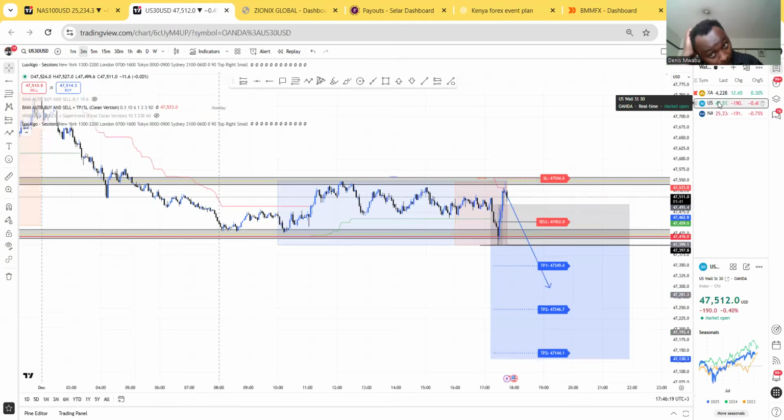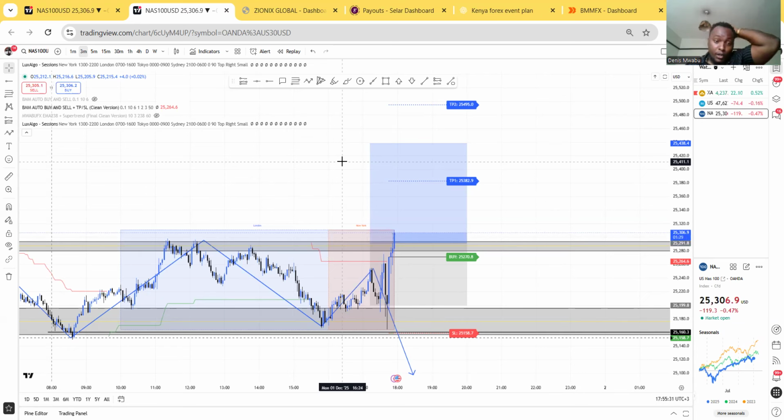Here we go, guys. Nasdaq will also push. Make sure when news comes, you just close your positions. For me, I'm on break even.